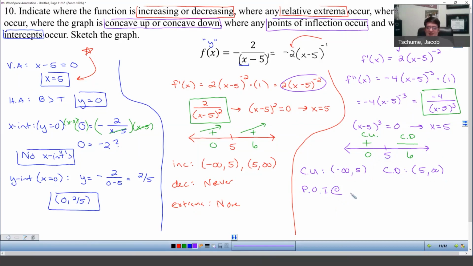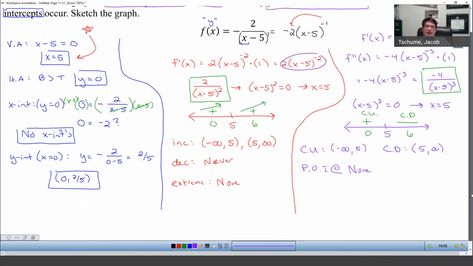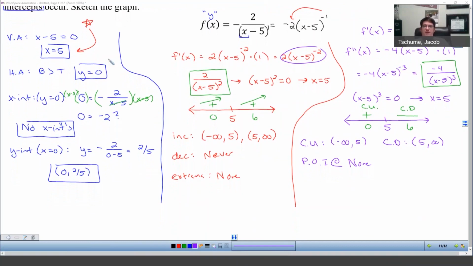Technically, though, there's not one in this problem. Because once again, remember, at x equals 5, way back over here to step 1 of this problem, you have a vertical asymptote at x equals 5. So even though the concavity switches, that means you can't plot a point there, which means therefore you can't have a point of inflection.